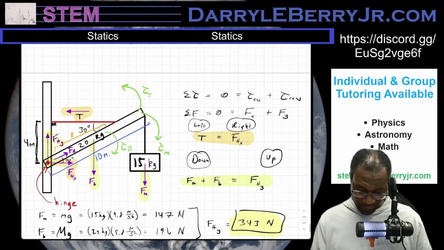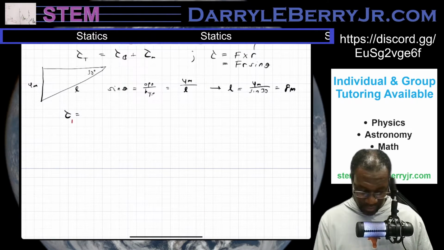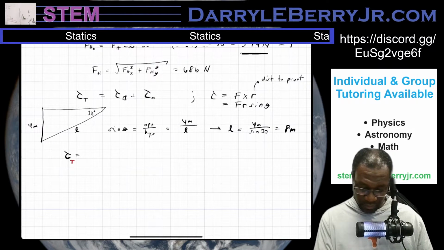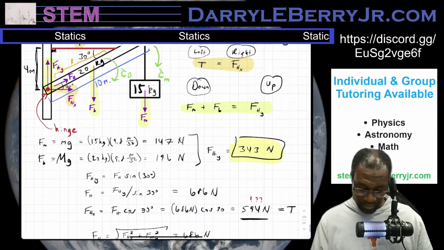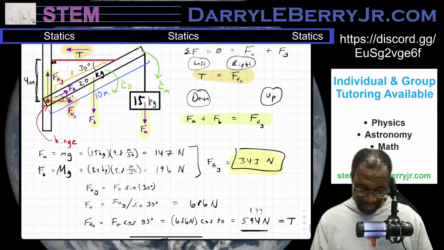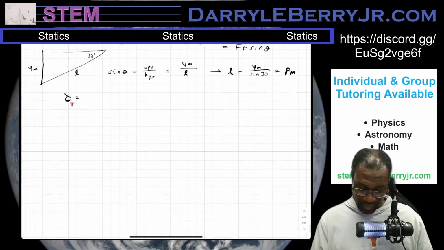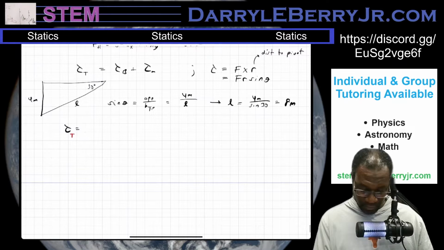So why don't we just solve for it with the other torques? So T torque is going to equal the torque of the beam. So it's going to go from the center axis. So this is going to be FB.